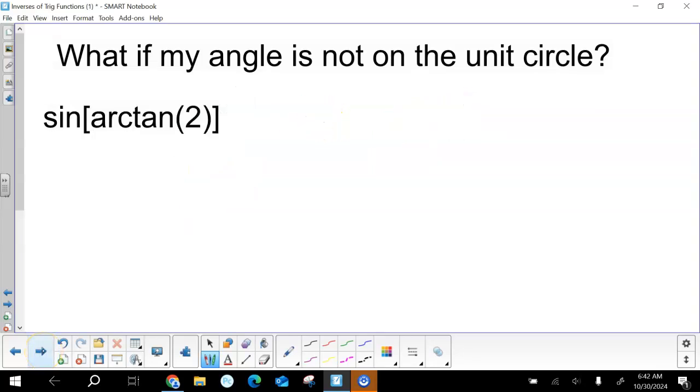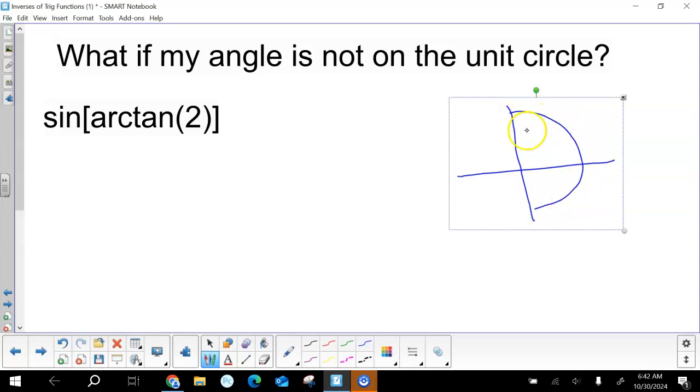Right here, I want where the arctangent is 2. Well, tangent, arctangent, can live in these two quadrants. Which one of these quadrants is tangent positive? It's right there. So when I draw this, I am going to draw a quadrant 1 angle. Theta is with the origin and the x-axis.